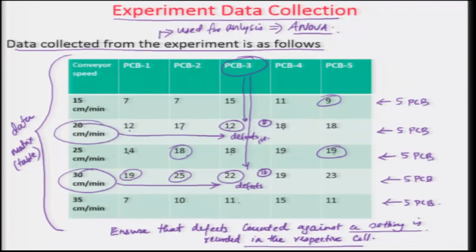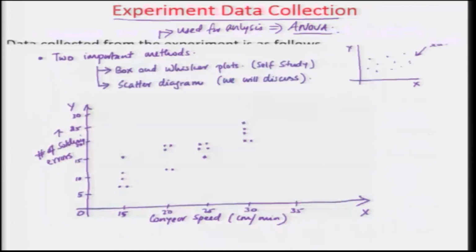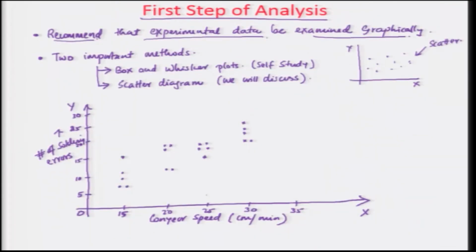Then the last one is 35. It is 7, 10, 11, 15, 11, right. So, we go back to 35, and we start with the value 7, somewhere here. Then you have 10, right here. Then you have 11, slightly above that.